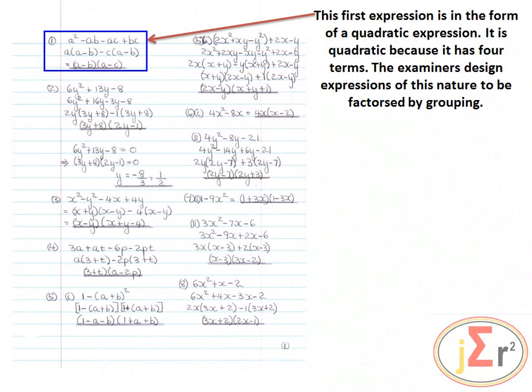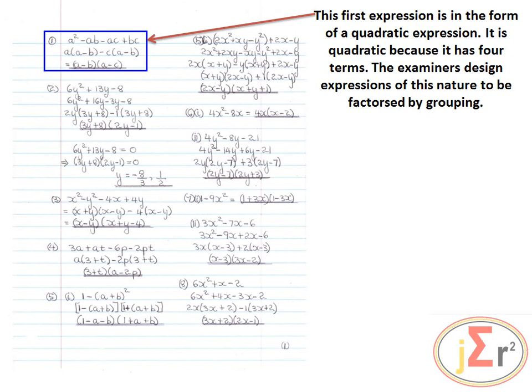This first expression is in the form of a quadratic expression. It is quadratic because it has 4 terms. The examiners designed expressions of this nature to be factorized by grouping.